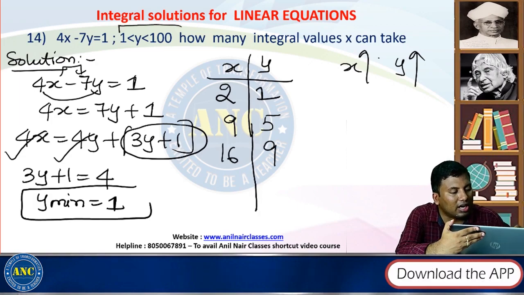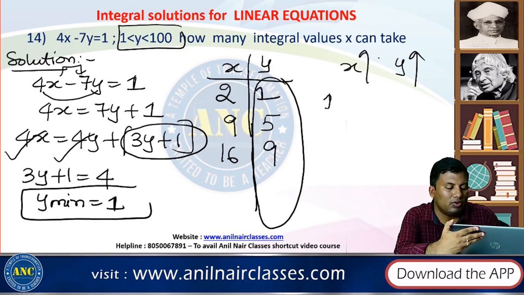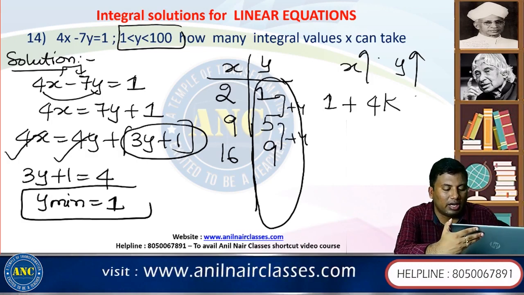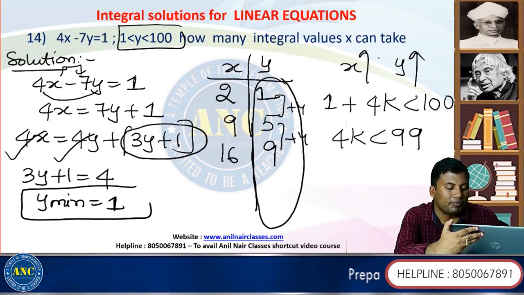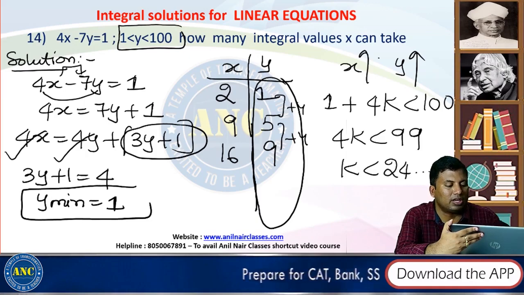There is a range on y, so I will focus only on these values. Lowest value is 1. Every time there is an increase of 4. So 1 plus 4k is less than 100, 4k is less than 99, k is less than 24 point something.